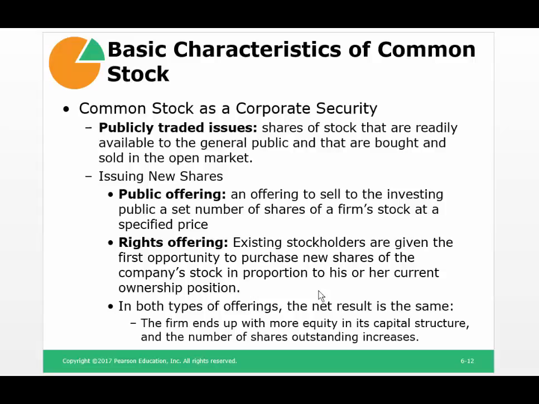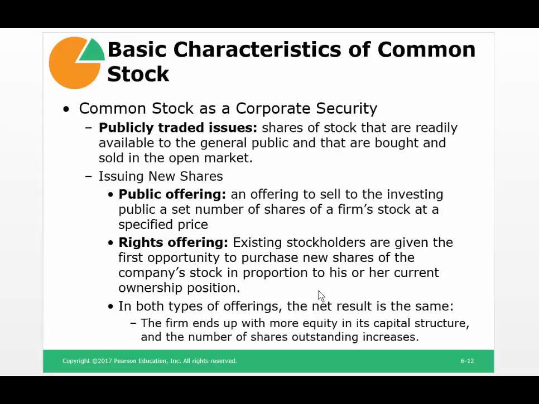This is where they don't necessarily want to give stock to new investors. They are going to offer shares of stock to existing shareholders. Each shareholder is going to get the right to purchase a certain number of shares based on their ownership position.